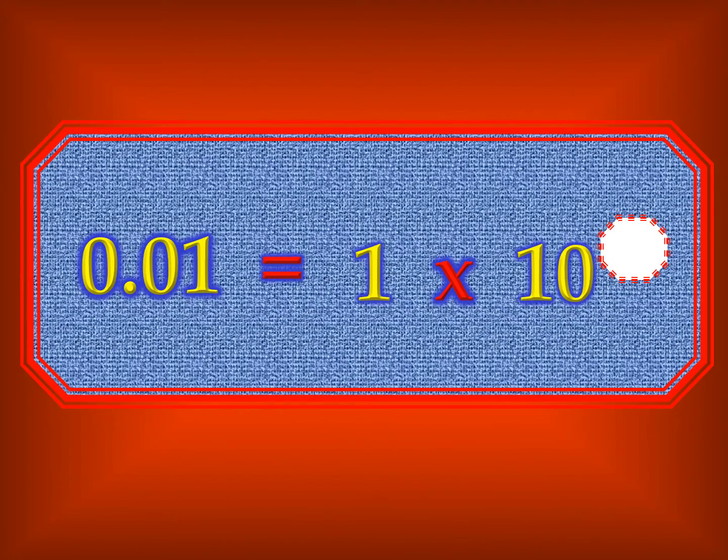So what about this number? This number is even smaller. We know it needs a negative exponent because it's less than 1, correct? And how many positions do we need to move the decimal from where it begins to get after the first digit that isn't 0? Well, we have to move it, obviously, twice. So by moving it twice, it becomes 1 times 10 to the negative 2 power.